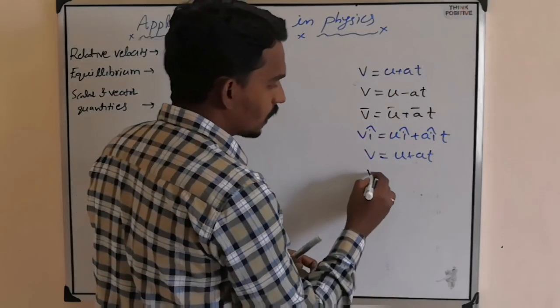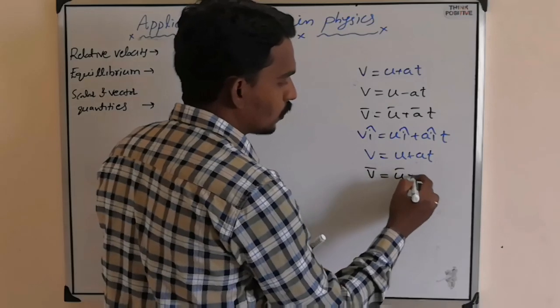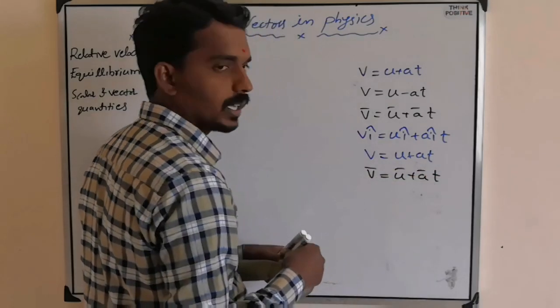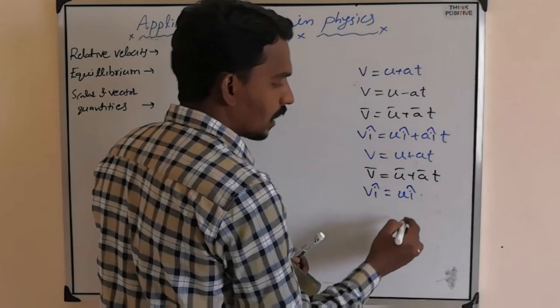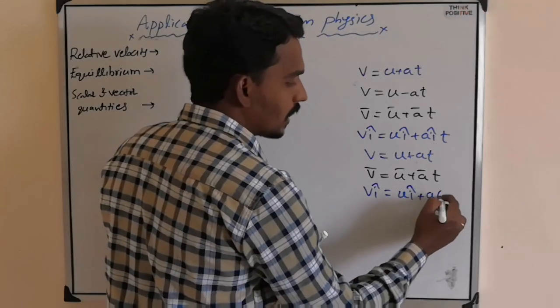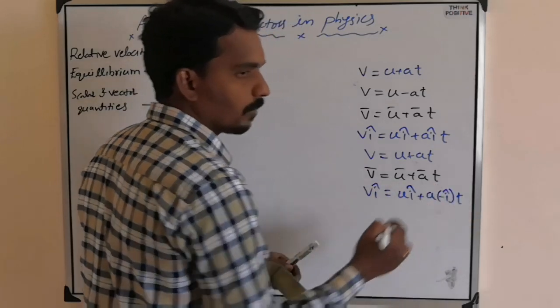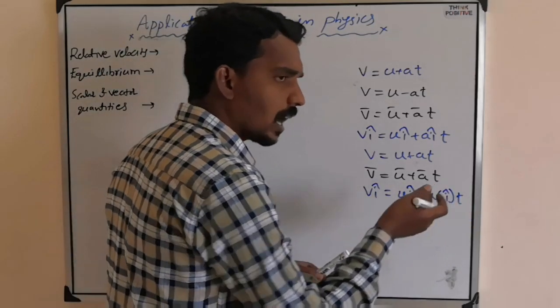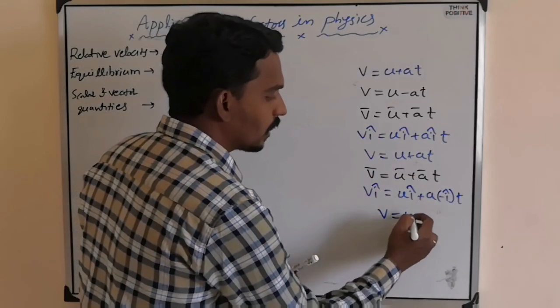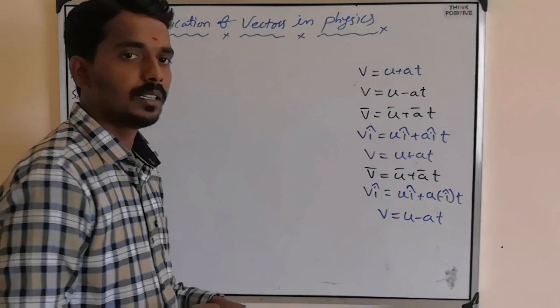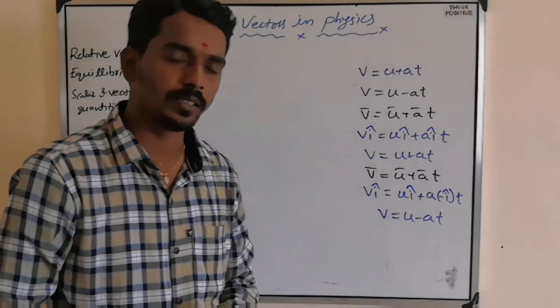That means you will write v bar equal to u bar plus a bar into t, as v bar is v i cap, u bar is u i cap, but a bar is a into minus i cap, because acceleration is opposite. That's why minus i cap. Then v will become u minus at.